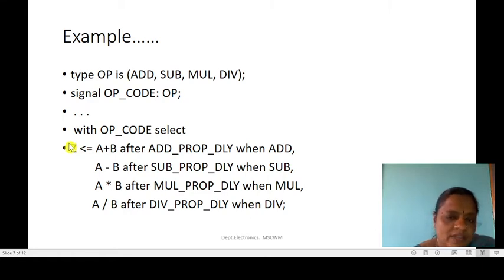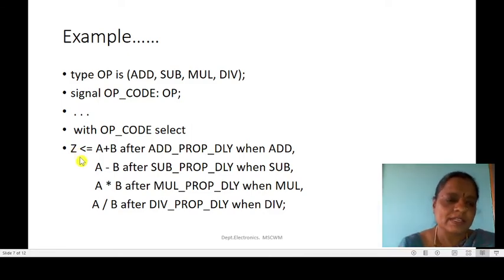Here you can ask the question whether it is first, then it selects. But suppose I have selected MUL as your opcode. That means now our expression is the multiplication. Directly the control goes to the MUL, it is going to execute the multiplication, and it gives the value to Z. So this is the working of a selected signal assignment statement.